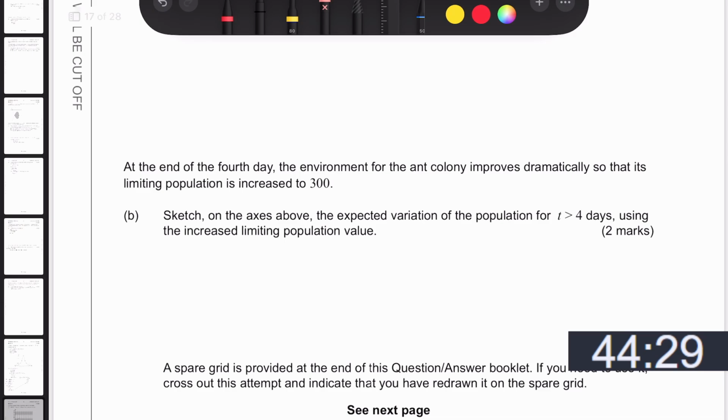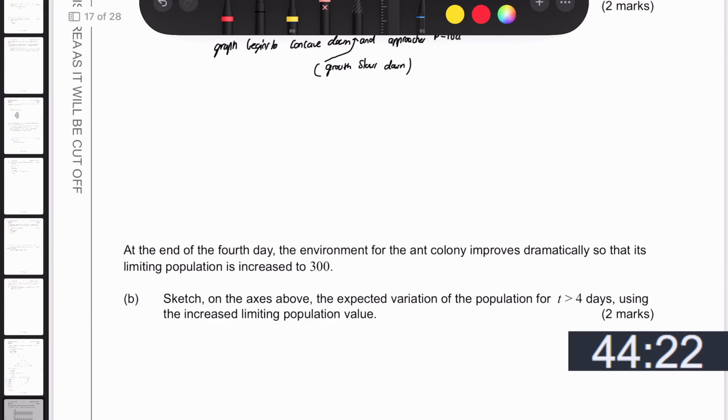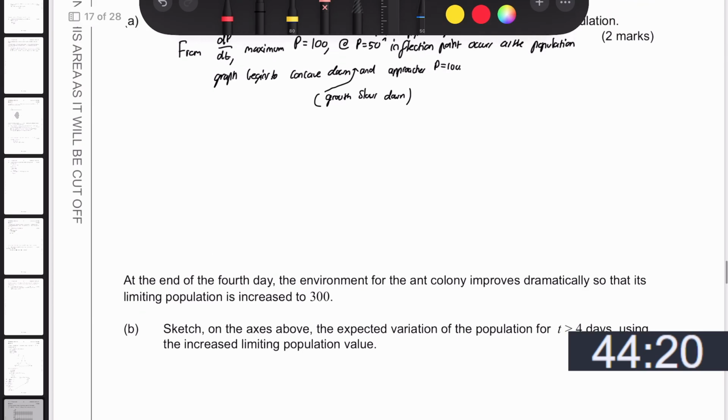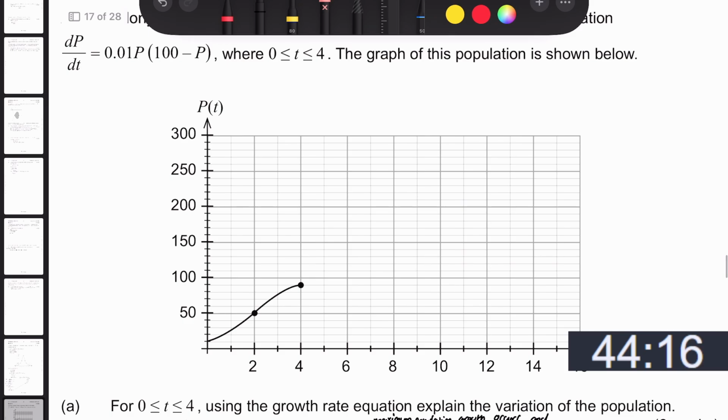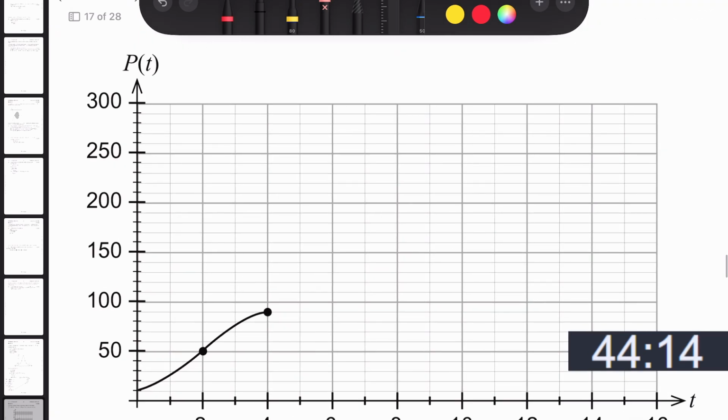At the end of the 4th day, the environment for the ants changes dramatically so that the limiting population is increased to 300. Sketch the expected variation of the population using the increased limiting population value. Okay, so the maximum is now 300, so we go to like 150, let's say by the end of the 8th day.